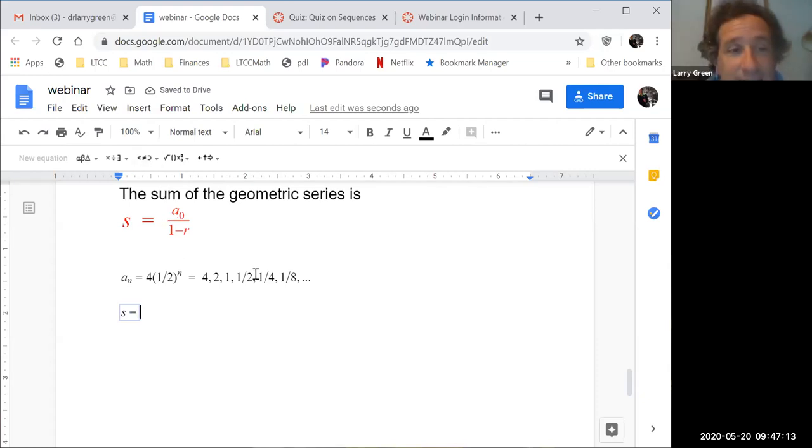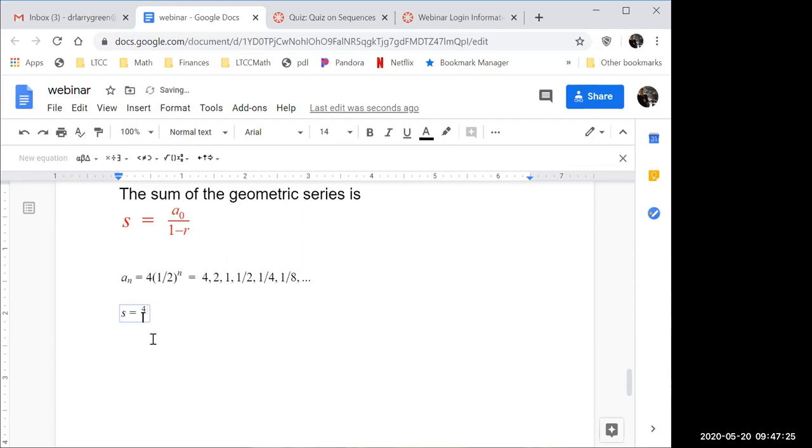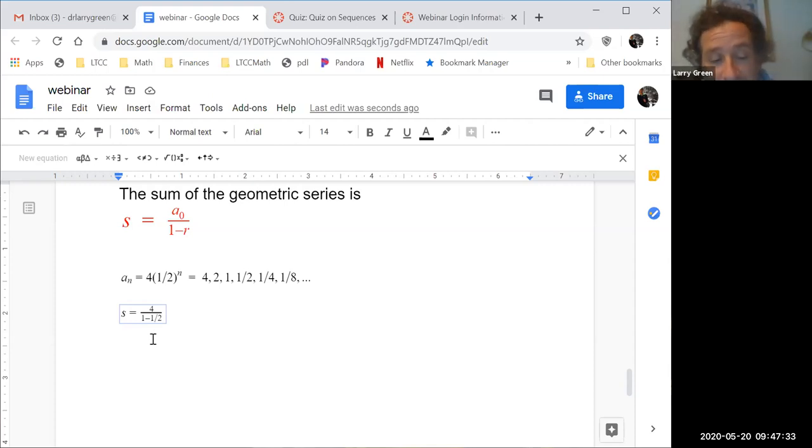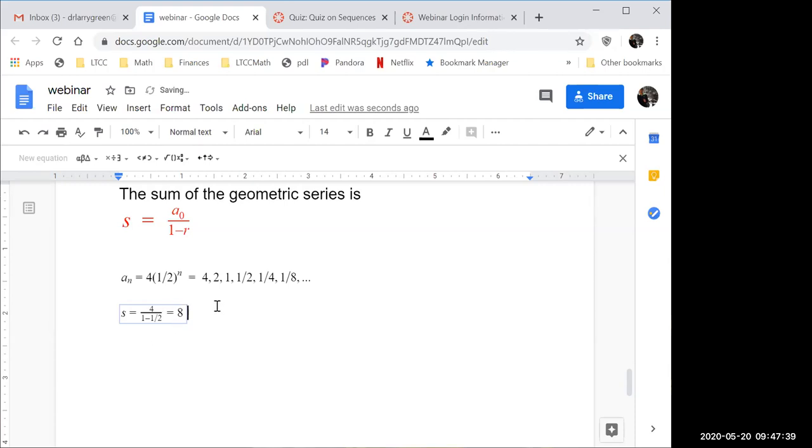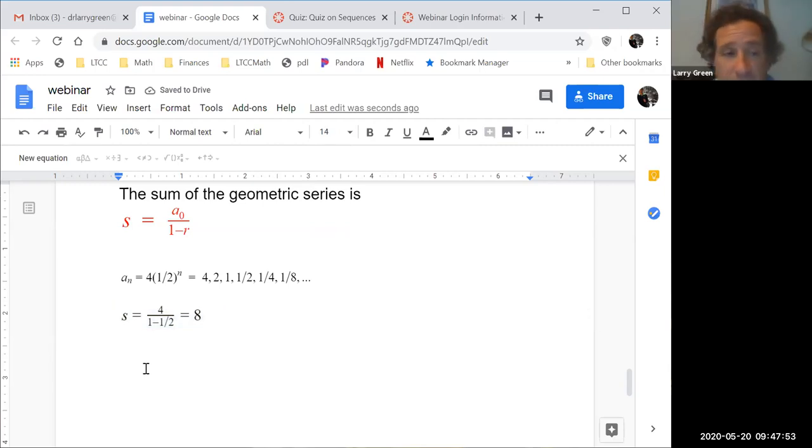The idea is to use the formula. You definitely want to use the equation; you certainly don't want to add the terms one at a time. A naught is just 4. 1 minus R is a half. 1 minus a half is a half. 4 divided by half is 8. Any questions at all on this example?